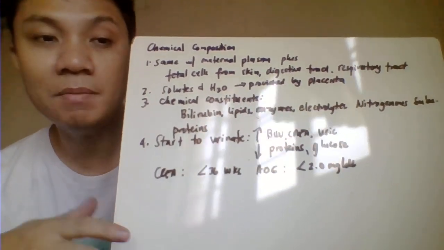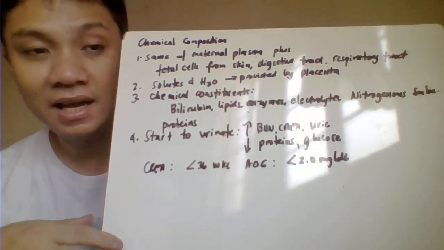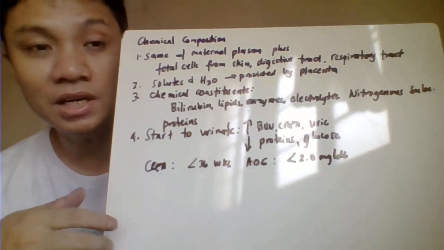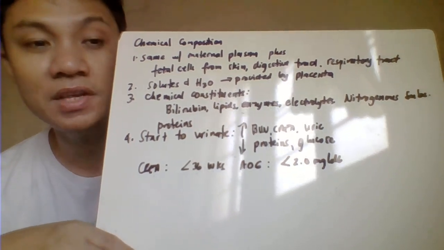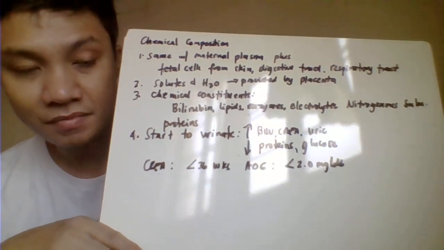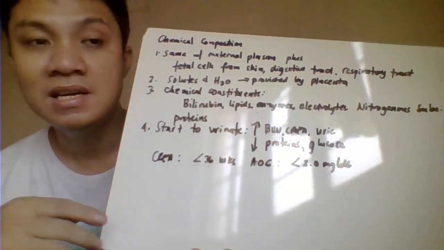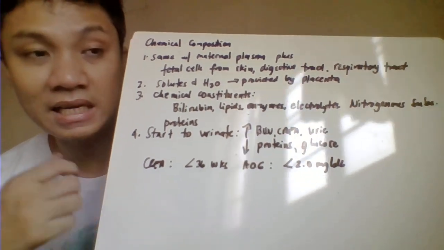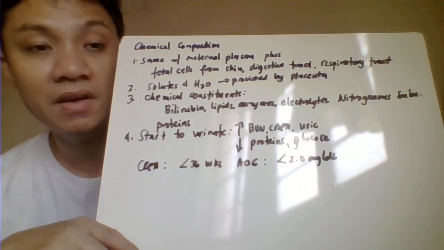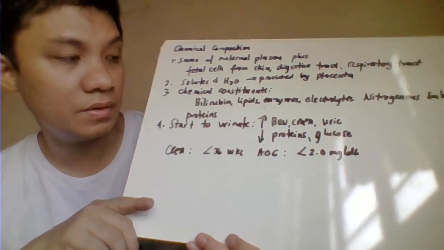But then, of course, the amniotic fluid will be added aside from the maternal plasma. It is being added also here by the fetal cells coming from the different part of the fetus body, like in the skin, digestive tract, and even its respiratory tract secretions.